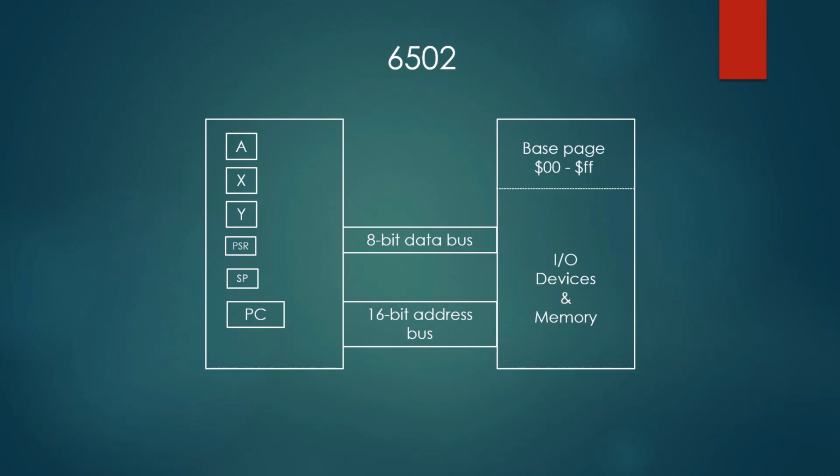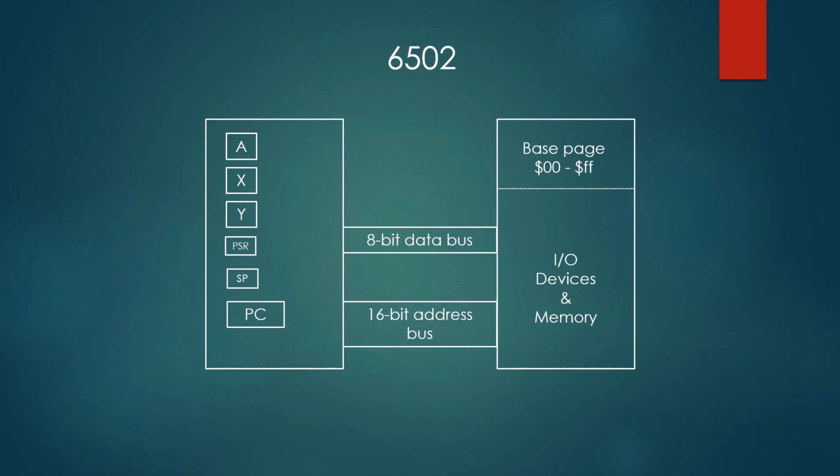The PSR or program status register contains information about the last arithmetic operation performed. It answers questions like, was the result 0? Was the result negative? Was there an arithmetic overflow? That sort of thing.